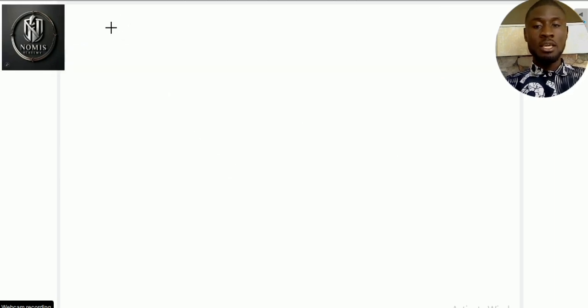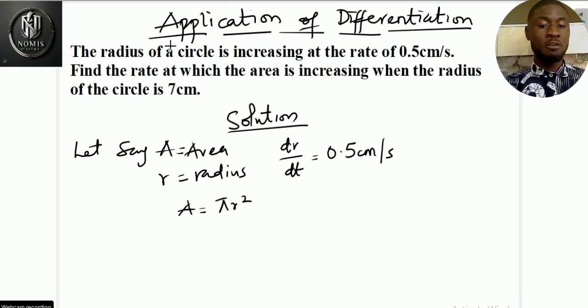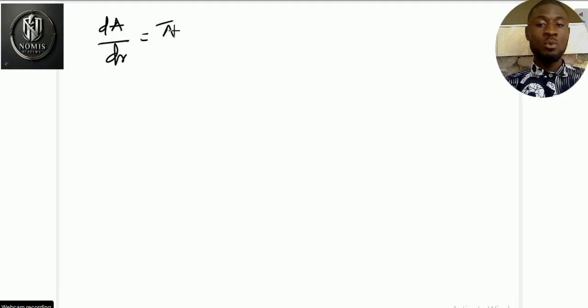So dA/dr is equal to, using our simple formula of differentiation, since we have pi r squared, this becomes 2 multiplied by pi r to the power 2 minus 1, and that gives us 2 pi r, because 2 minus 1 is just 1. So dA/dr is equal to 2 pi r.